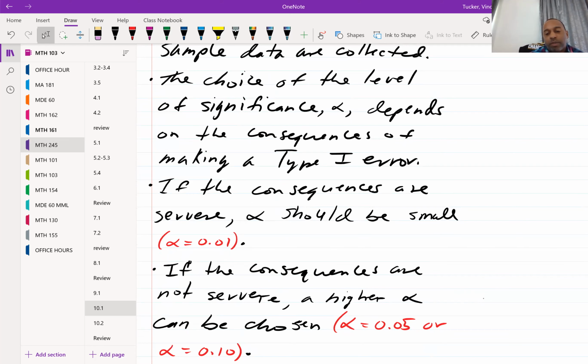So alpha being 0.05 or 0.10 would be fine.